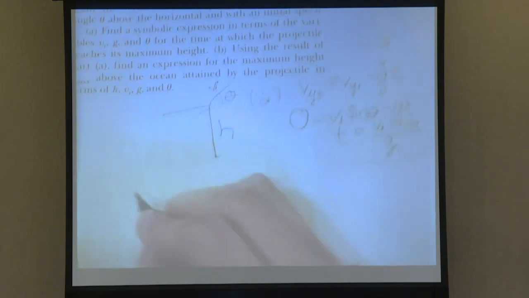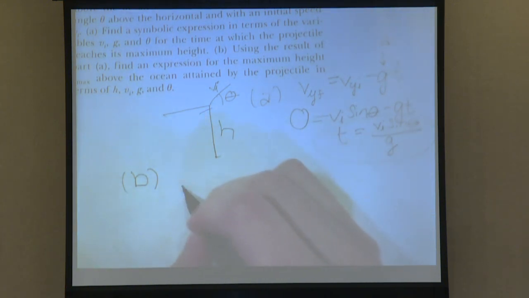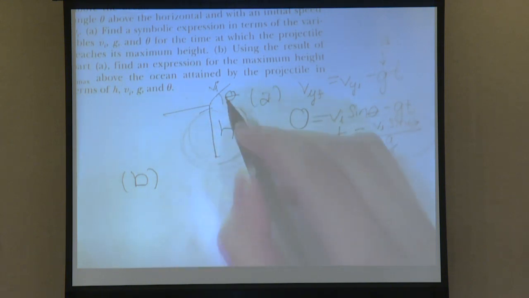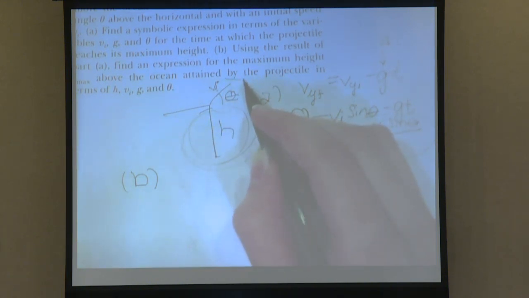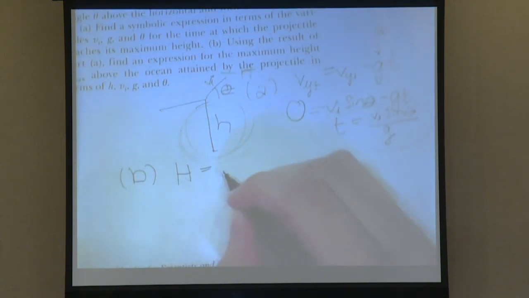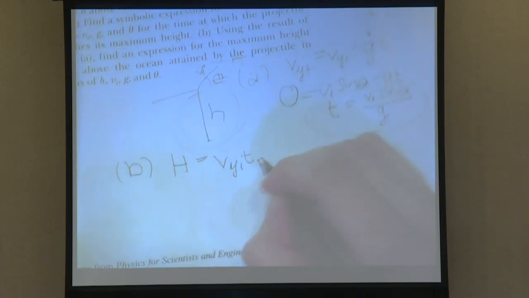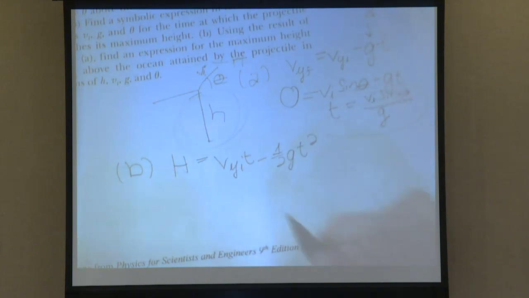Part B, we're going to use part A to find our H max. Our H max is going to take into consideration this and also whatever this height is, so we'll call that big H. So big H is going to be equal to vyi t minus 1/2 g t squared.